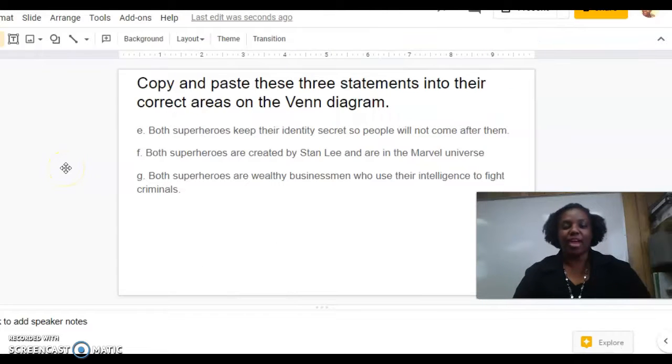So on the slide right after this video, it says copy and paste these 3 statements into their correct areas on the Venn diagram. So E is both superheroes keep their identity secret so people will not come after them. F, both superheroes are created by Stan Lee and are in the Marvel universe. And G, both superheroes are wealthy businessmen who use their intelligence to fight criminals.